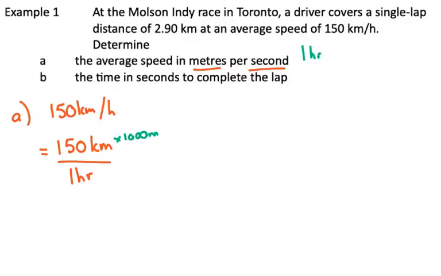Well, this is actually two parts. We know that there are 60 minutes in 1 hour. And so 1 times 60 would give us 60 minutes. And then we also know that there's 60 seconds in 1 minute. So multiplying that all together would give us that there are 3,600 seconds in 1 hour.